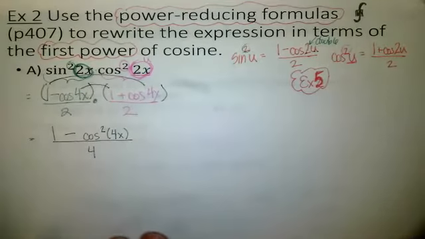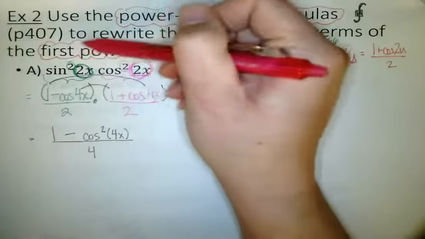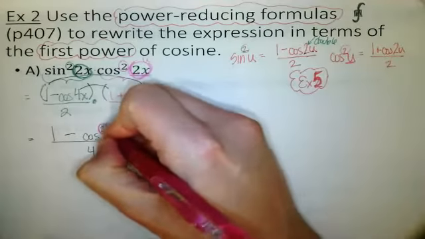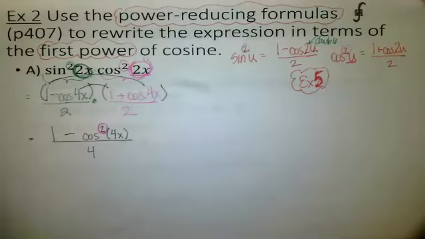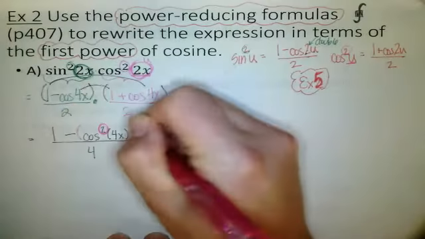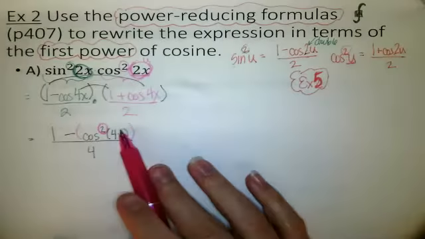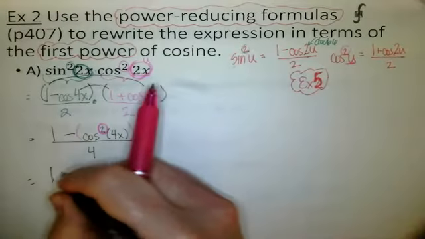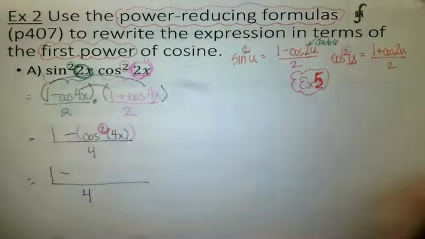Okay, so the question is, are we done? No, we're not. We're not done because we want things to the first power, and we still have a power of 2. So I need to take out and use my formula again. So I'm going to leave everything else for now.